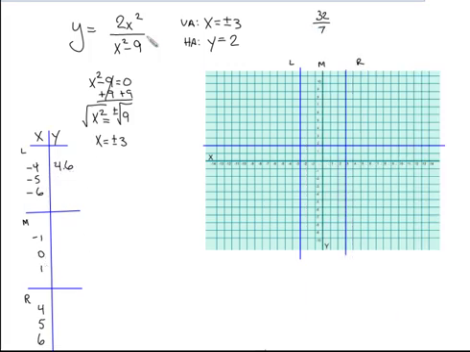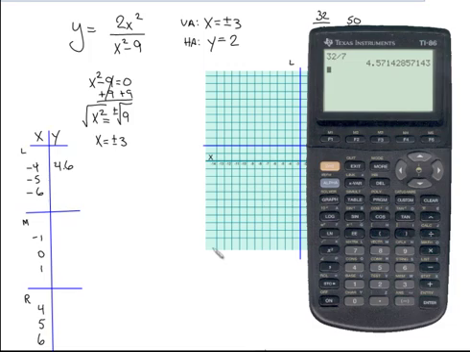I plug in negative 5, I get 25 times 2 is 50, divided by 25 minus 9 is 16. 50 divided by 16 gives us about 3.1.